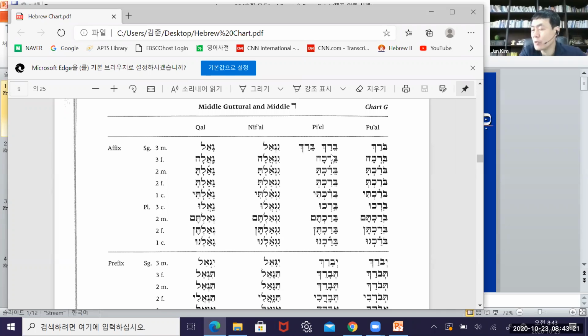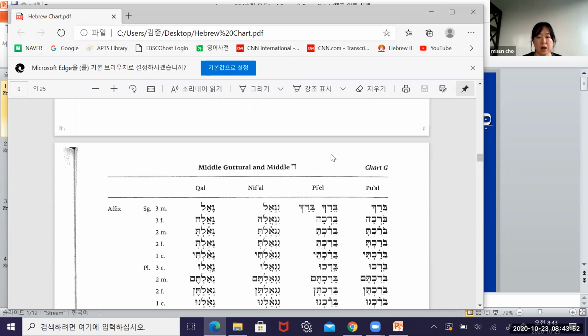Not for the middle guttural. Qamets. No, that's the affix. That's Qal stem, but in case of a Piel stem. You're right, qamets must be there for Qal affix form strong verb. But strong verb of Piel stem, okay, think about this. The name has hireq. Yes, the name always carries the sound. So Piel should be hireq.